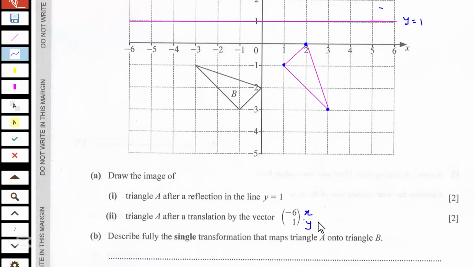So we're moving by -6 on the x-axis and +1 on the y-axis. Which means that we move 6 units to the left, then we have 1 unit up.